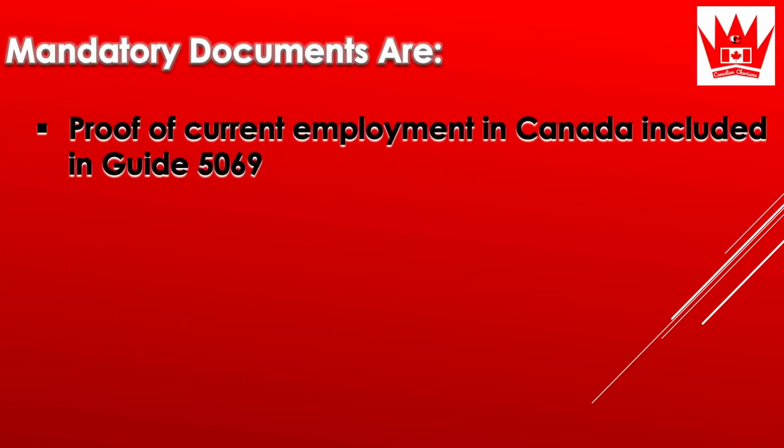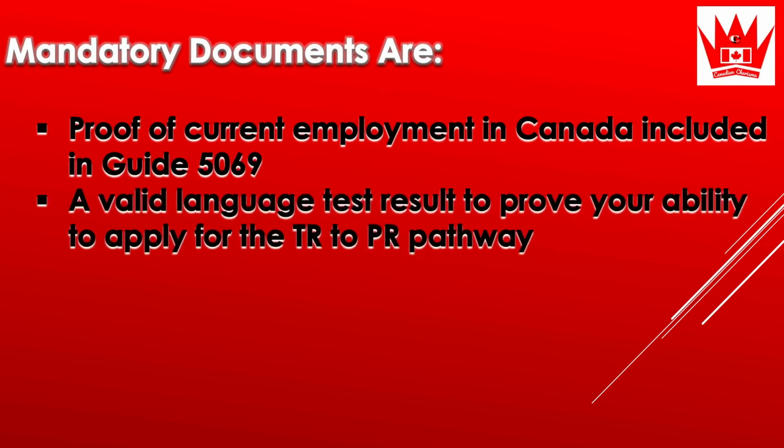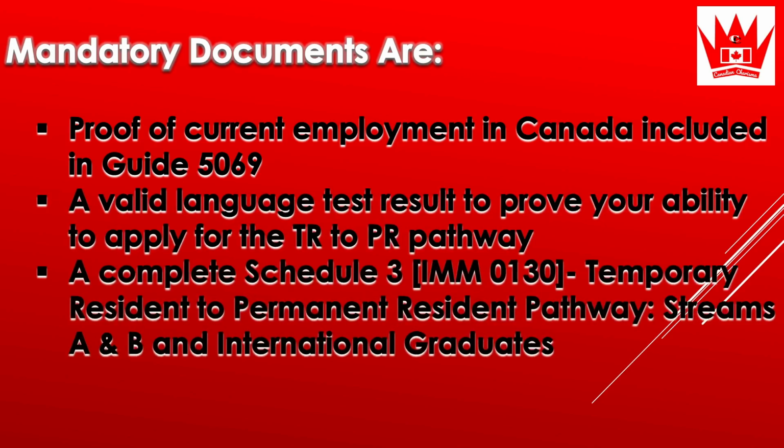First one is proof of current employment in Canada, included in Guide 5069. A valid language test result to prove your ability to apply for the TR to PR pathway. A complete Schedule 3, IMM 0130, temporary resident to permanent resident pathway, streams A and B and international graduates.